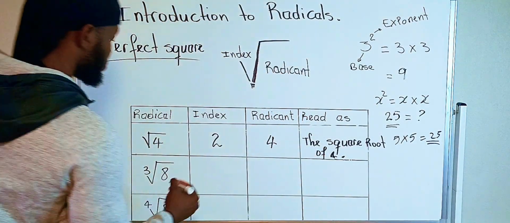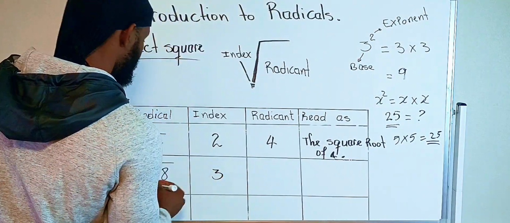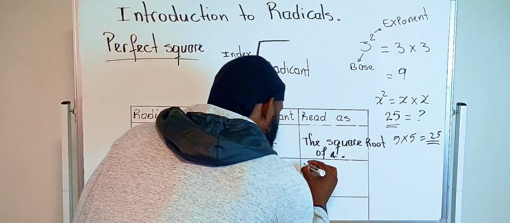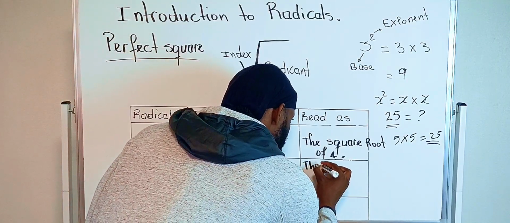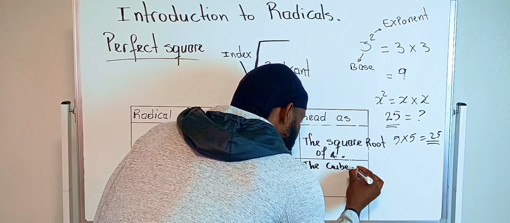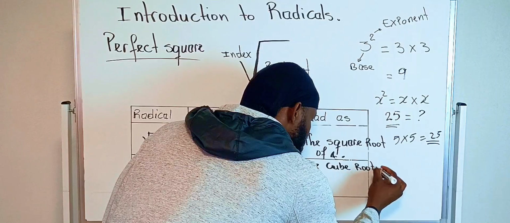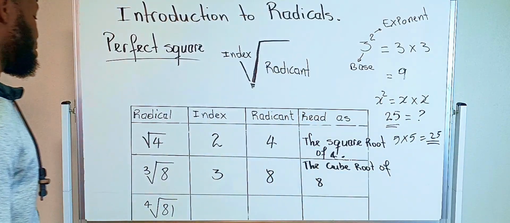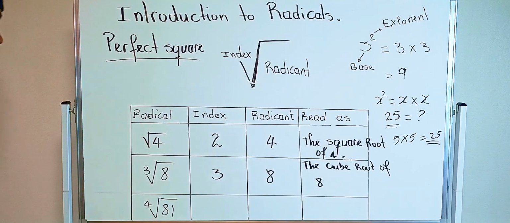Let's go for this one. The index is 3. The radicand is 8. We read this as the cube root of 8. Let's go for this one.